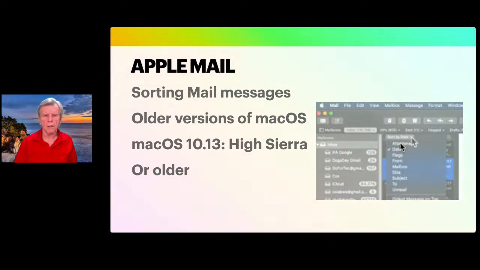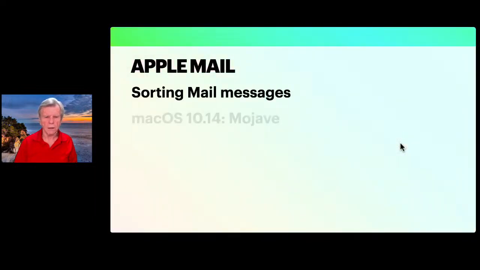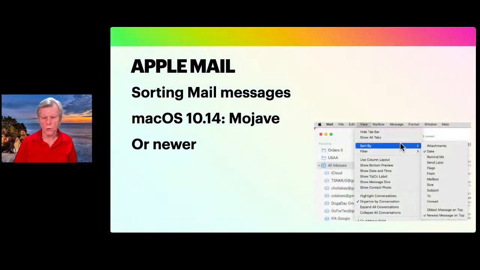But chances are you are running Mojave or newer, and the change is that now you go to the View menu up on your menu bar where it says View, then you slide down to Sort By, and then you would click on your criteria here. So normally it's going to be date and newest message on top.